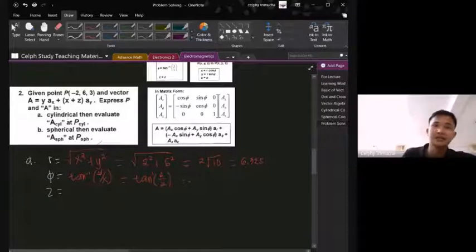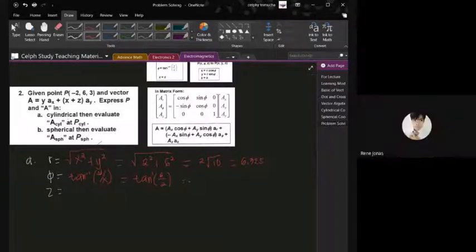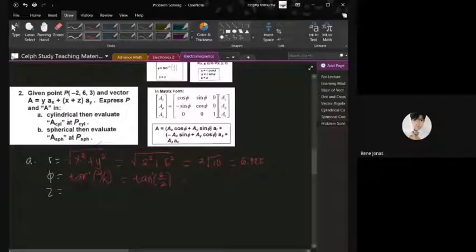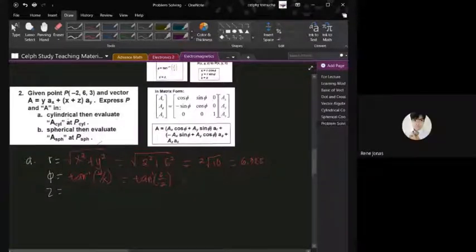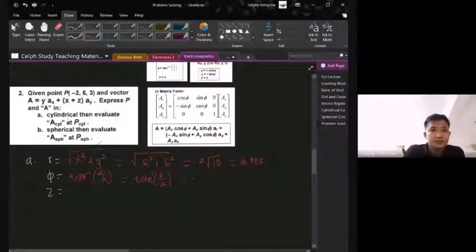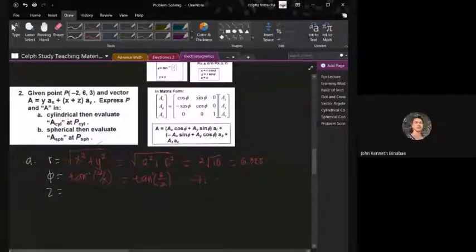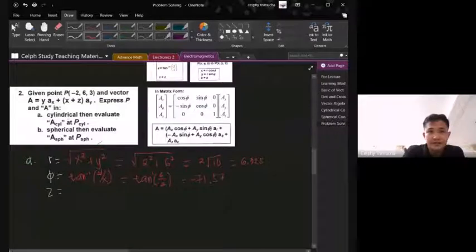So, pila aton nga angle? 71.57. Okay, so negative 2 ang x, so negative. So, negative 71.57 degrees.